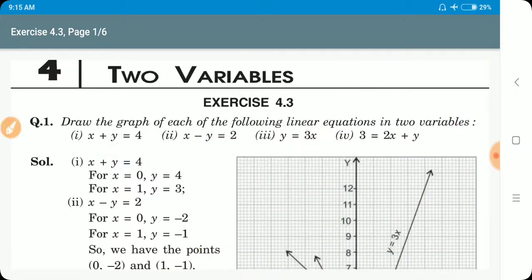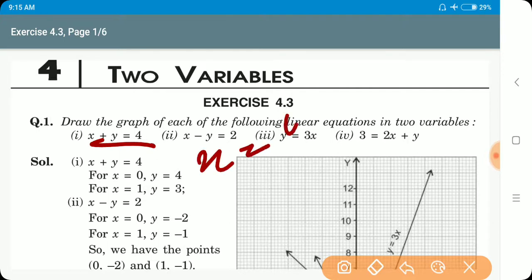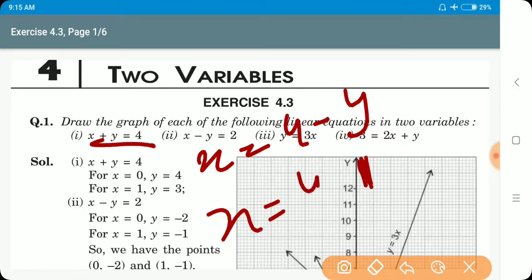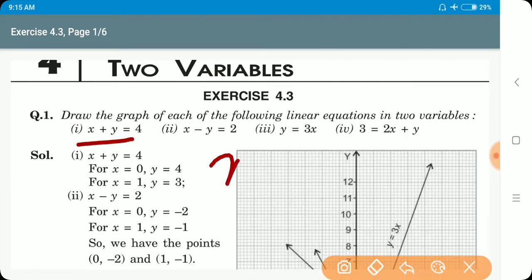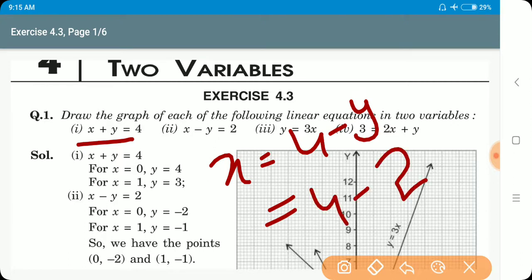Similarly, if I put y is equal to 1, I will get x is equal to 3. Similarly, if I put y is equal to 2, I get x is equal to 2.